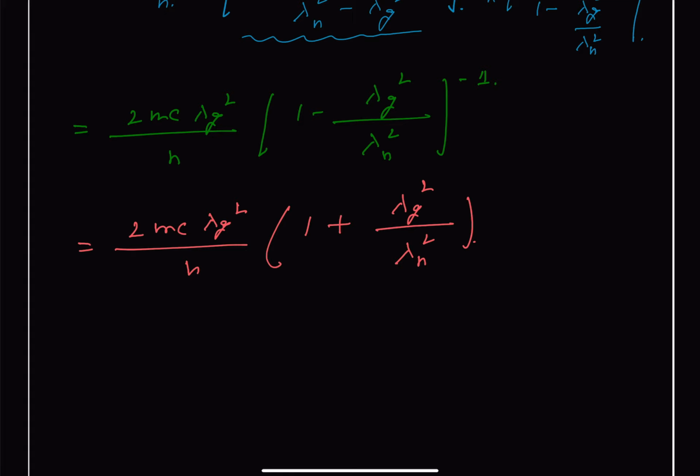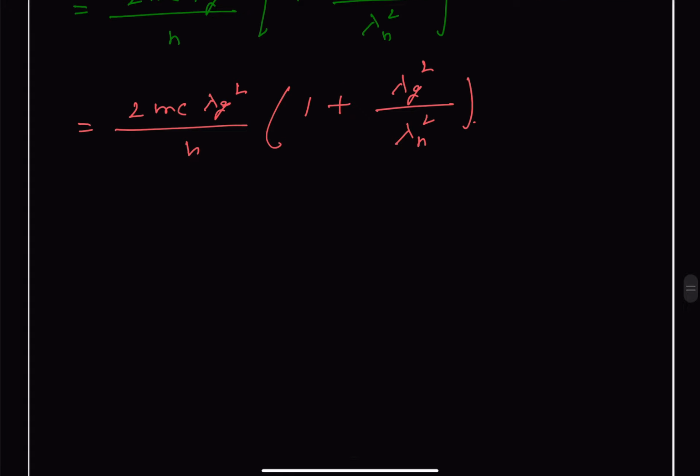We multiply inside, this will be coming as 2mch multiplied by lambda g square plus 2mch lambda g to the power 4 upon lambda n square.